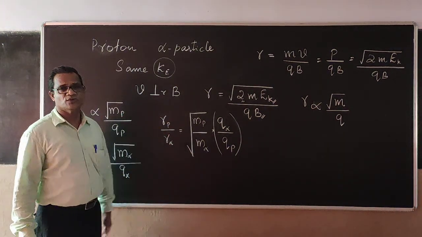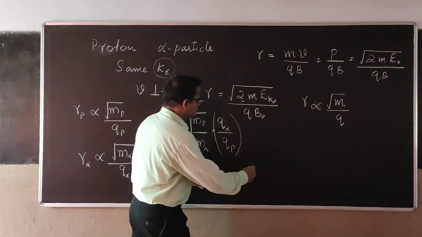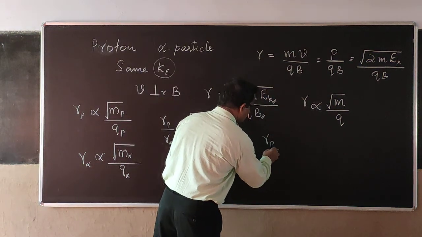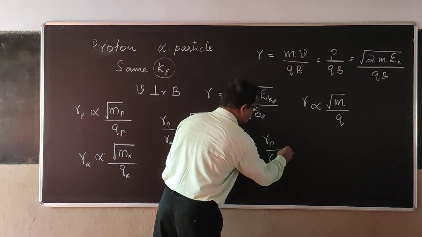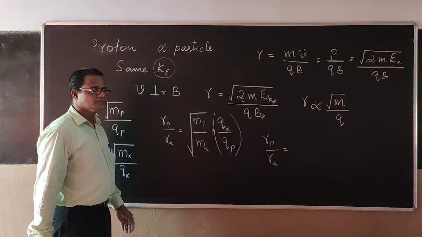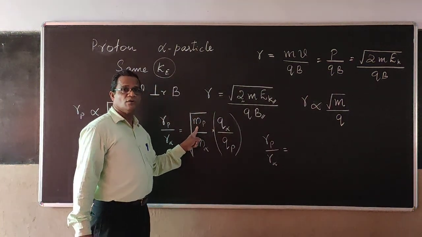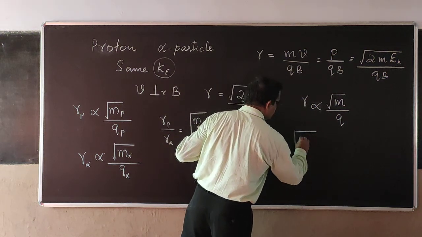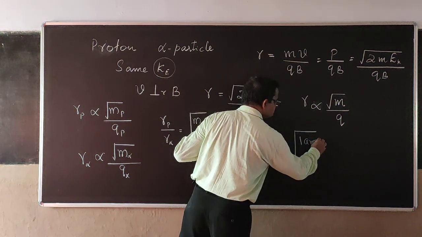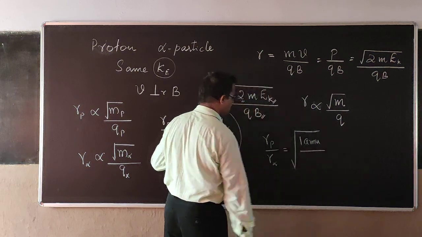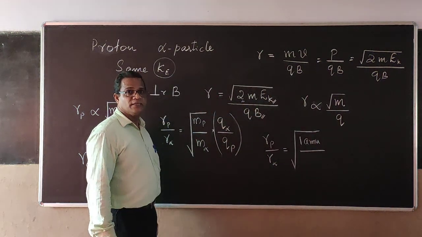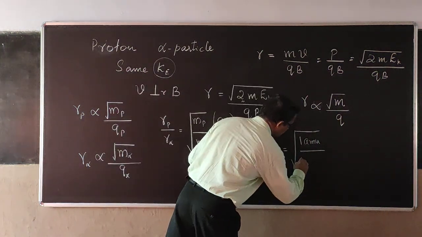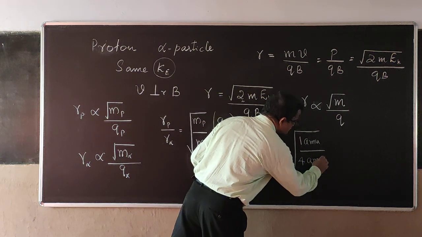As they are constants, you can substitute right away. Rp by R alpha is equal to the mass of proton, 1 AMU, so root of 1 AMU divided by alpha particle, 4 AMU.